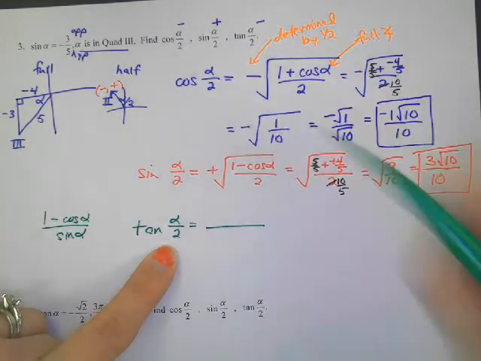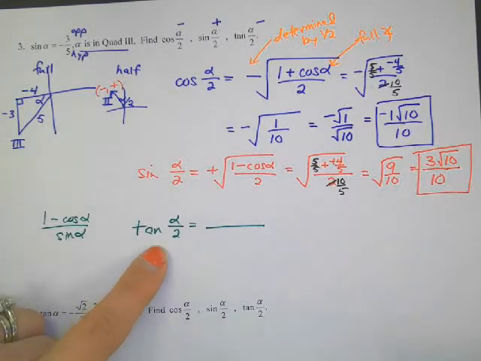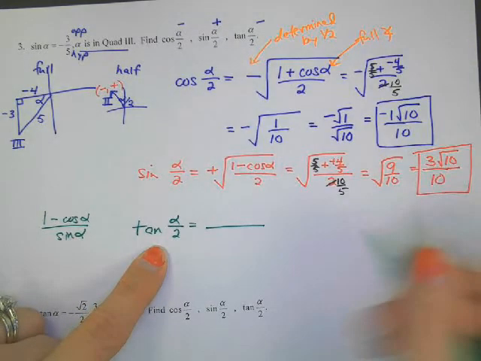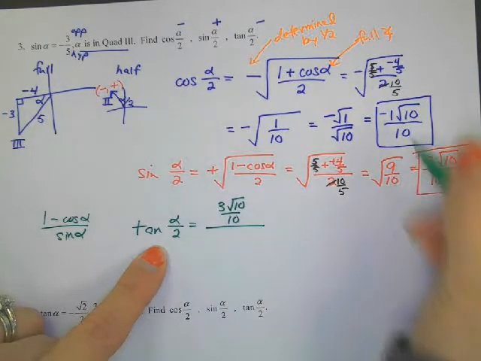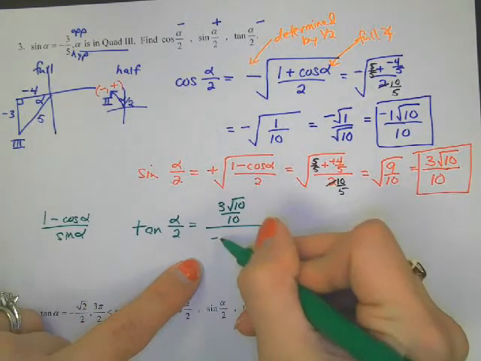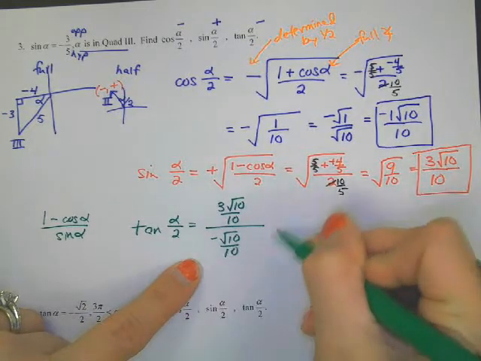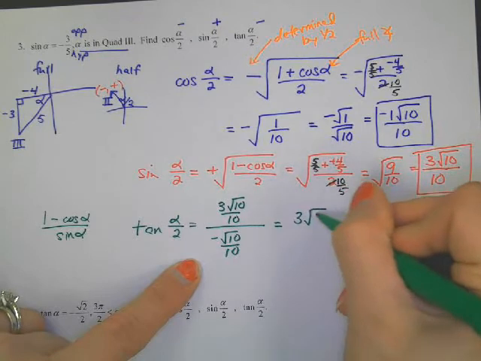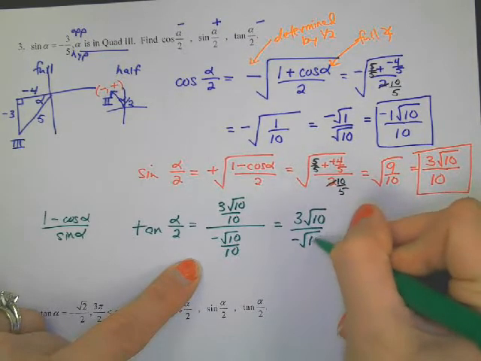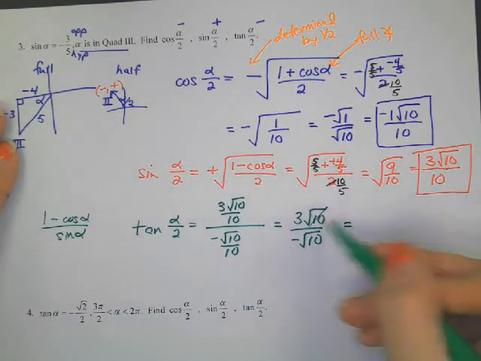So let's put 3 radical 10 over 10 divided by the cosine, negative radical 10 over 10. And so the denominators cancel: 3 radical 10 over negative radical 10. And a radical can cancel with a radical, and so the final answer is negative 3.